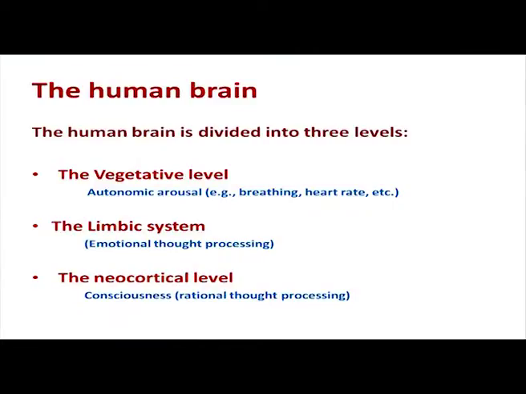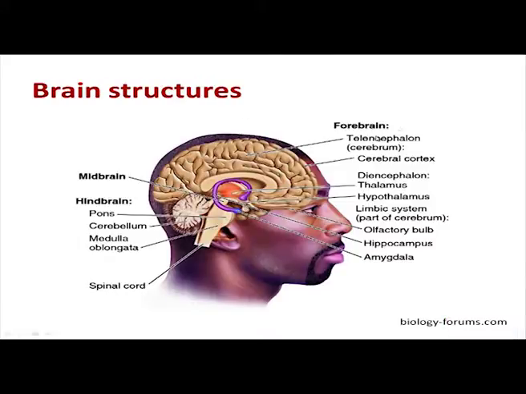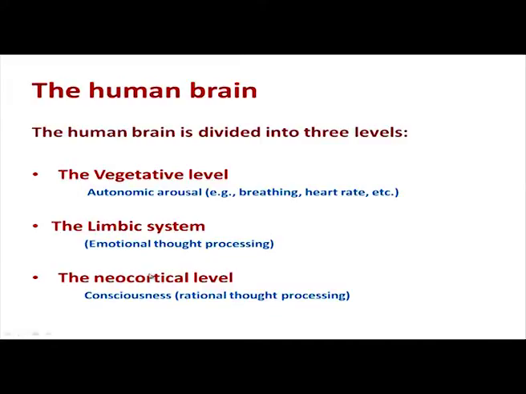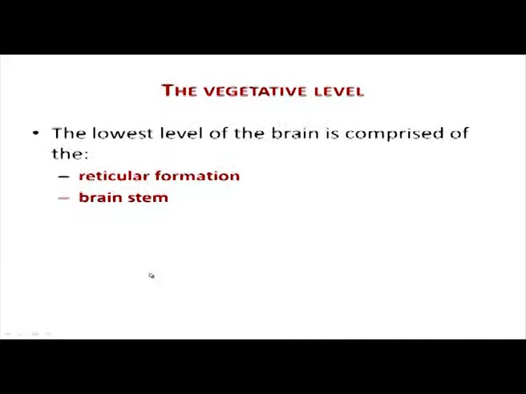As you can see, the vegetative level is primarily related to the autonomic arousal. So, that is the breathing, heart rate. So, these are more of the physiological responses. The limbic system is related to emotional thought processing, and the cortical level is for the higher order functions. That is what we were talking about, the forebrain structures, and primarily the cerebral cortex. So, this is related to rational thought processing.